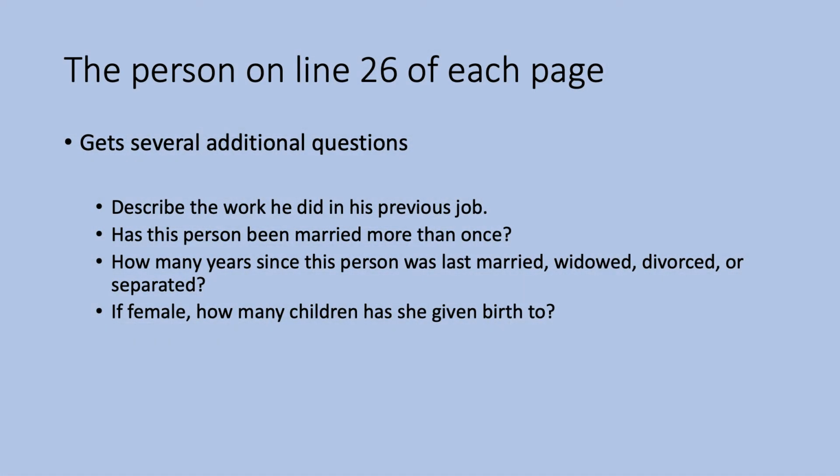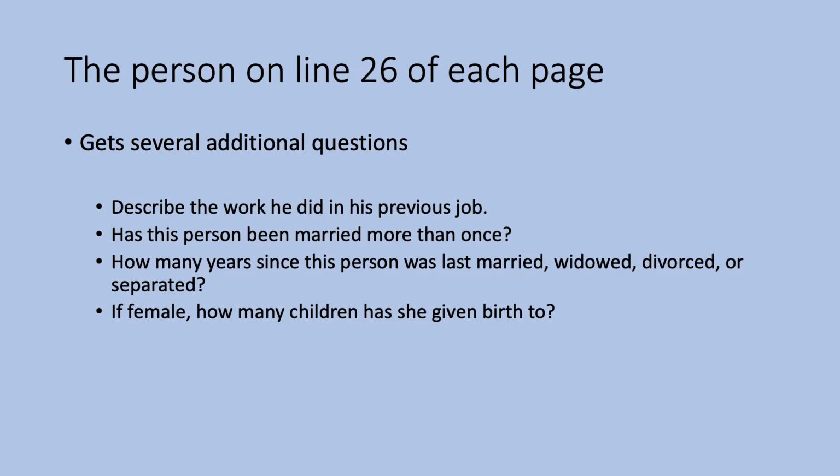And then, if your relative was lucky enough to end up on line 26 of the census page, he gets several additional questions in addition to all the questions we've seen on the previous page. You need to describe the work he did in his previous job.